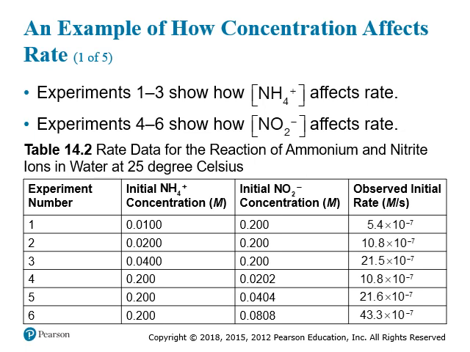We see the same general trend with the nitrite anion in experiments 4, 5, and 6. By doubling the concentration, we see a doubling of the initial rate. And this speaks to a specific classification of reactions with regards to chemical kinetics.